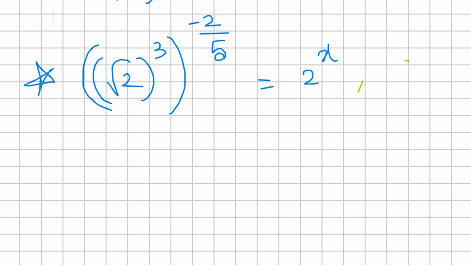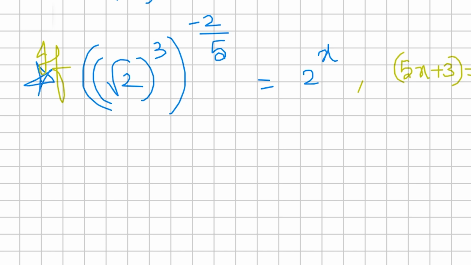So therefore find the value of 5x plus 3. First try to understand the question. If this is equal to 2 to the power x, find the value of 5x plus 3.